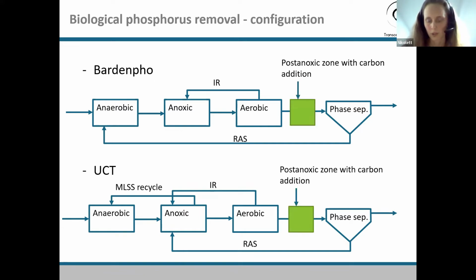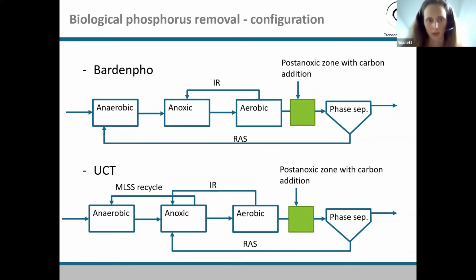Also, both configurations can come with a post-anoxic zone with carbon addition after the aerobic phases. This is just required in case the TN limit is quite low, and this original configuration cannot meet the total nitrogen limits.